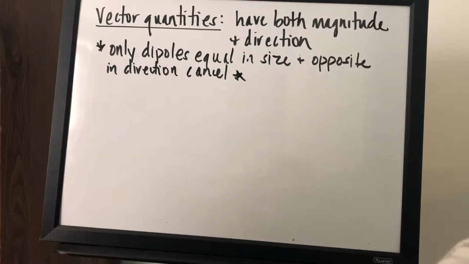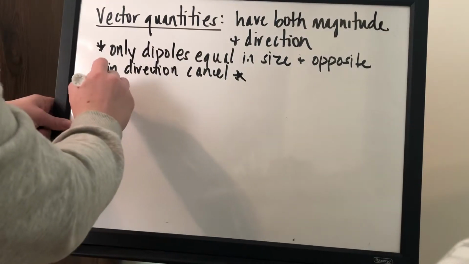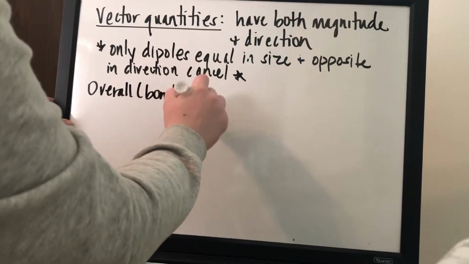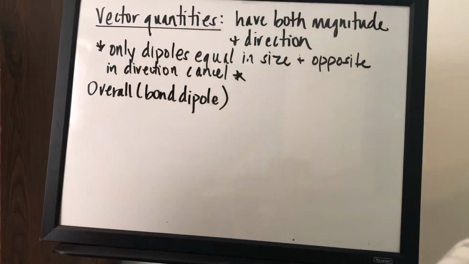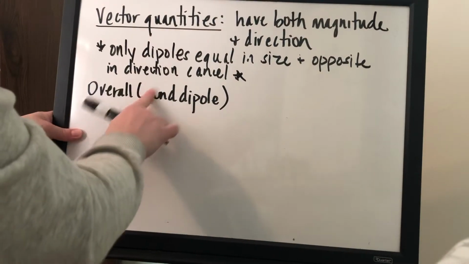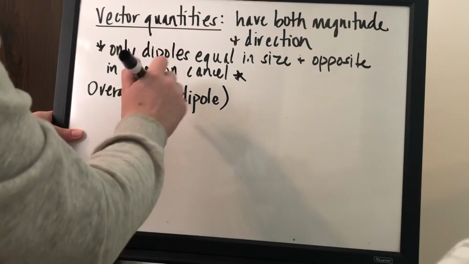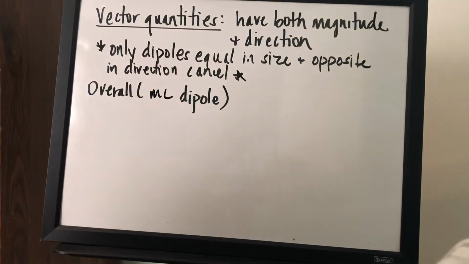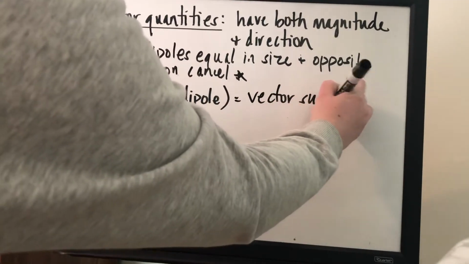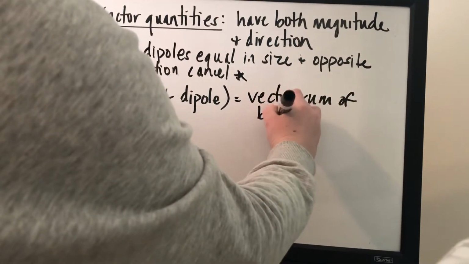So when we're talking about the overall dipole, we have to consider the vector sum of the individual bond, or I'm sorry, this should be molecule. When we're talking about the overall molecule dipole, we're talking about the vector sum of all the bond dipoles.